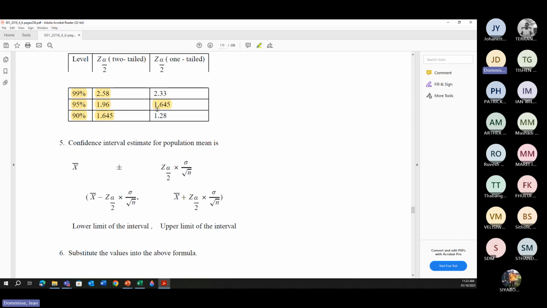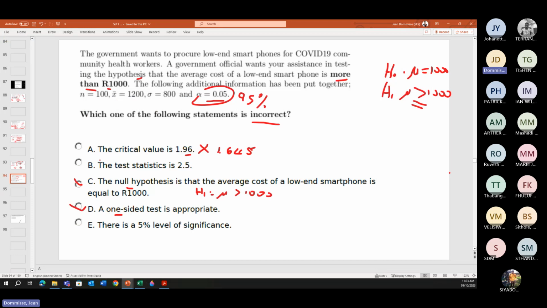If it was a confidence interval, it's always 1,96. With hypothesis testing, just make sure if it's one or two tail. So again, this was a very easy one to get right, but also very easy to make a mistake.